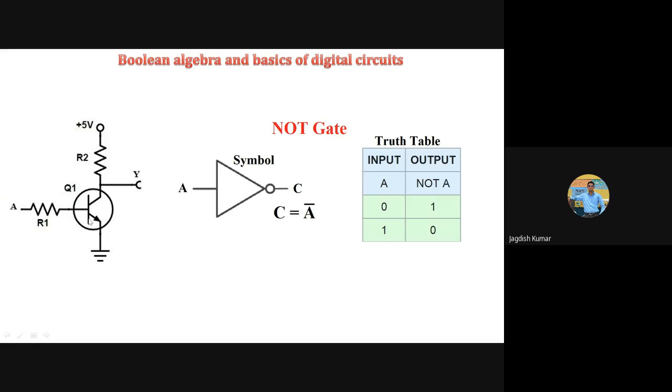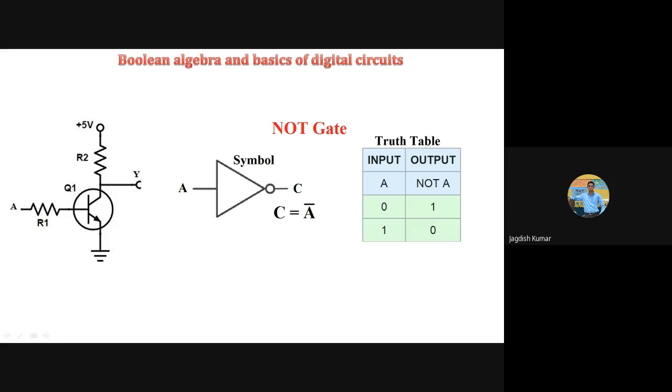First of all, we should notice what kind of transistor it is. Can anyone let me know in your comments? Is it PNP or NPN? NPN, sure. So this is an NPN transistor.